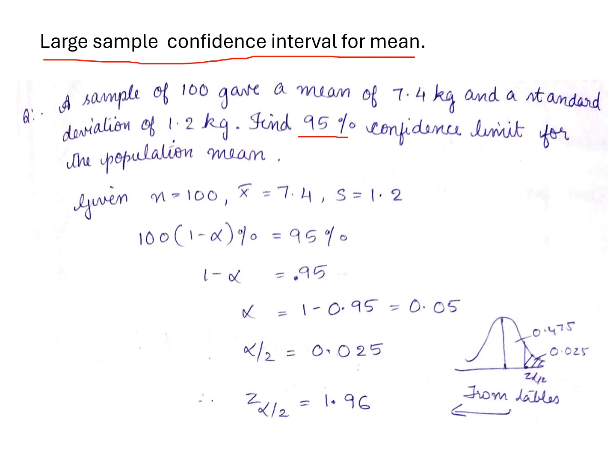So as per our calculation, we know that 100 into 1 minus alpha percentage is equal to 95 percentage, and we already know by heart the value that Z alpha by 2 is equal to 1.96. Now as the sample size is 100 and we are having only the sample data, we have to use a separate equation.